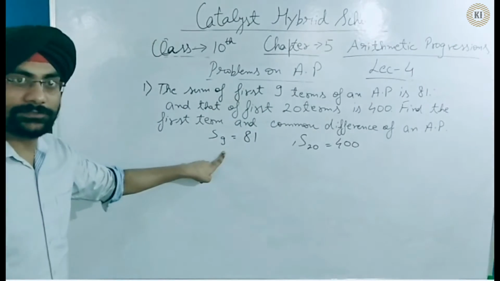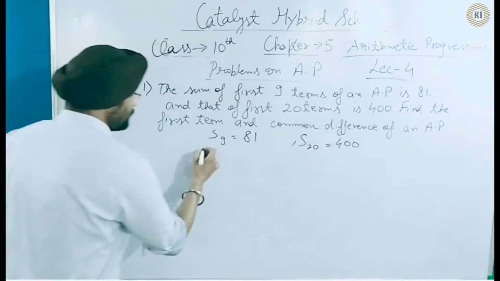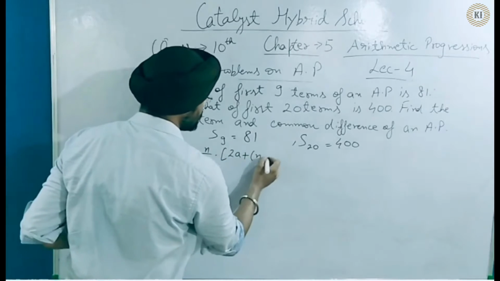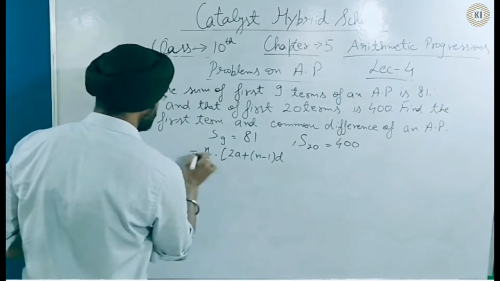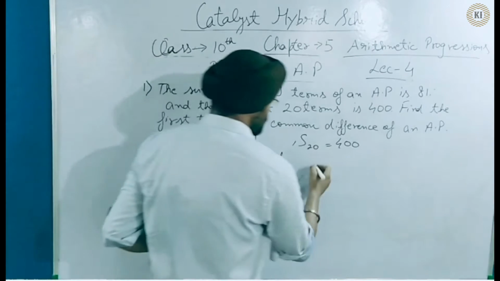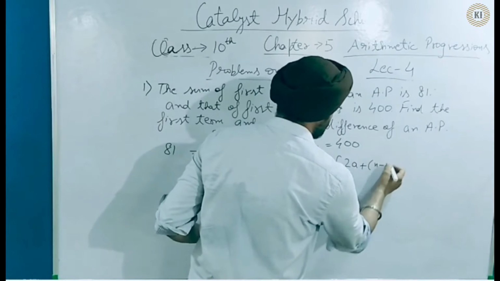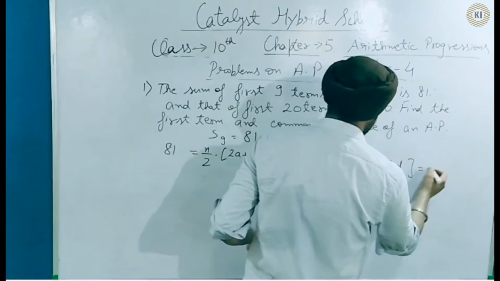S of 9. The formula we know is n by 2 into 2a plus (n minus 1) into d. This value is given as 81.